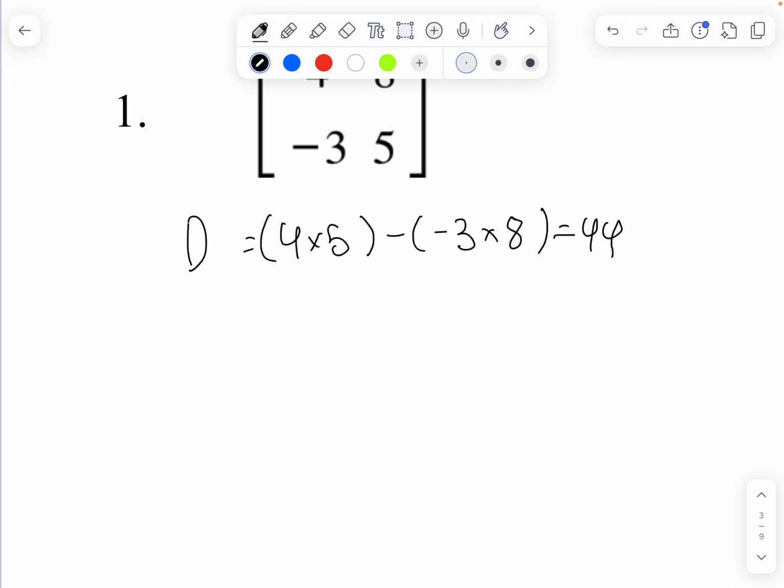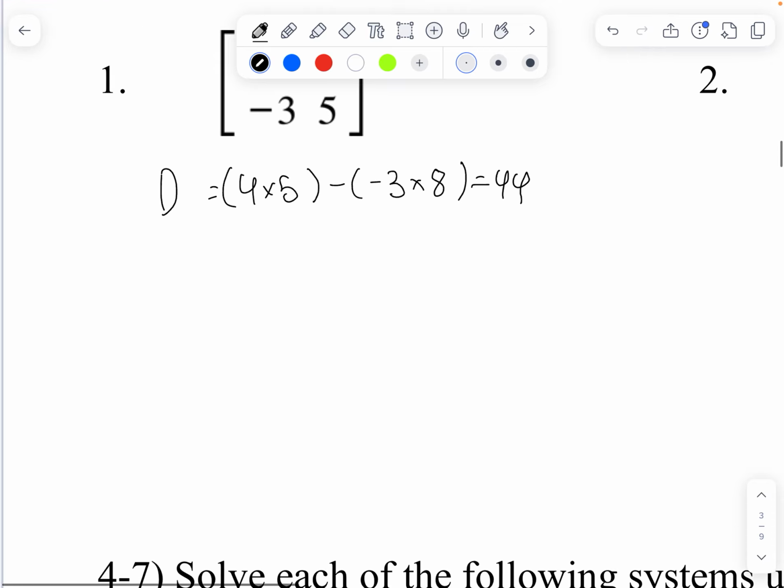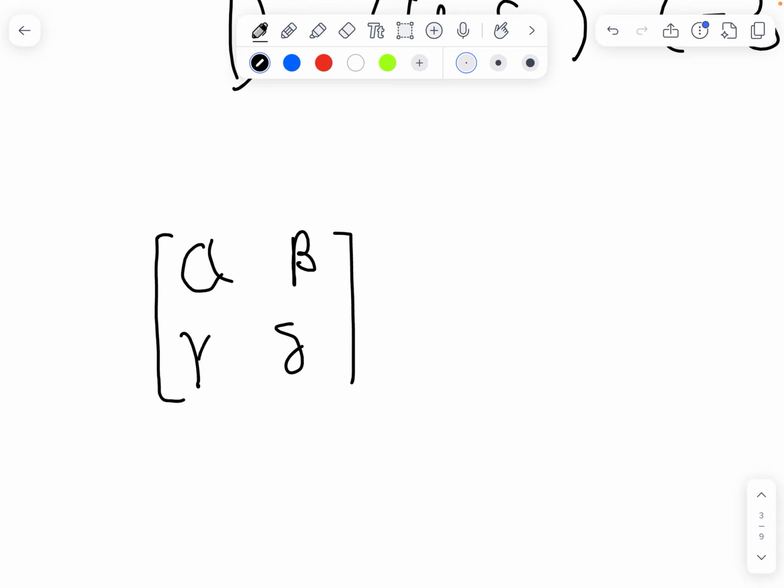Okay, now we have to do a special procedure. First, let's assume this is our matrix: alpha, beta, delta, and gamma. Right?